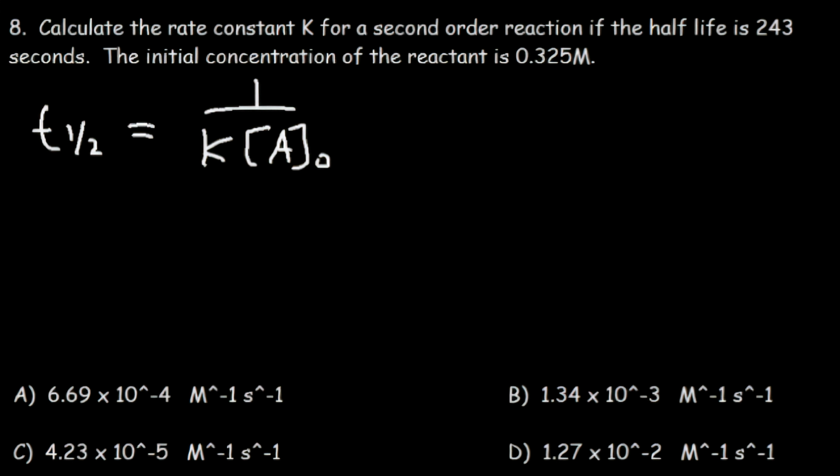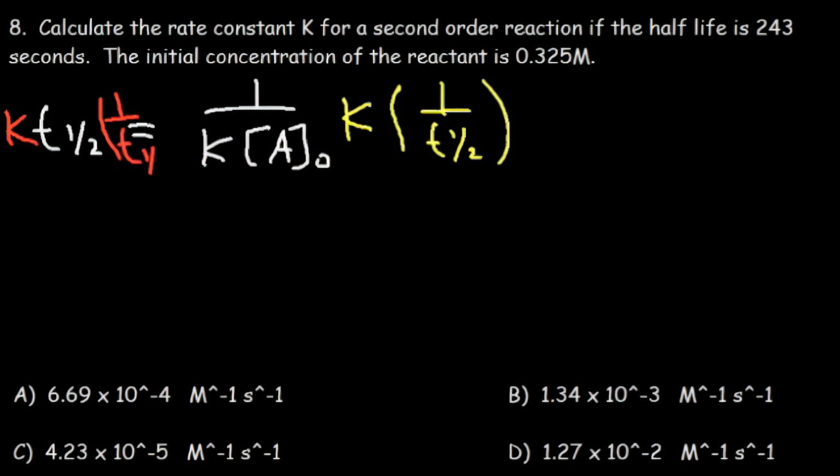So what we're going to do is multiply both sides by k, and at the same time divide both sides by the half-life. If we multiply both sides by k and by 1 over t, notice that t cancels on the left side.